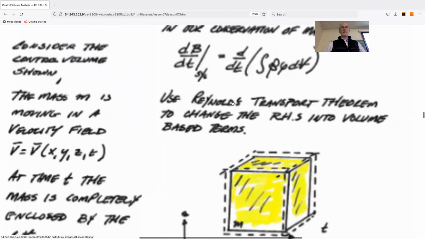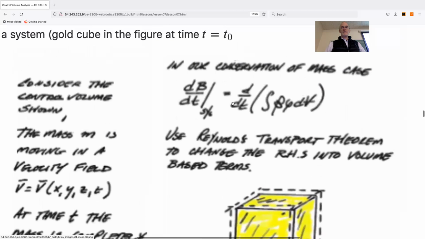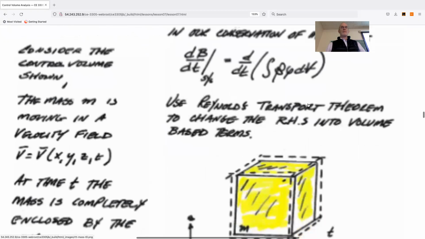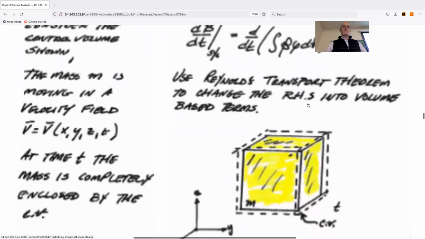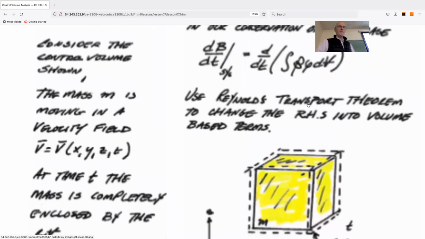So let's read our words to ourselves. Our conservation of mass, in this case, is the change in the extensive property of the system, d by dt of the integral of beta rho dV. And we'll use the Reynolds transport theorem to examine how that's going to progress in time. So consider our control volume shown.